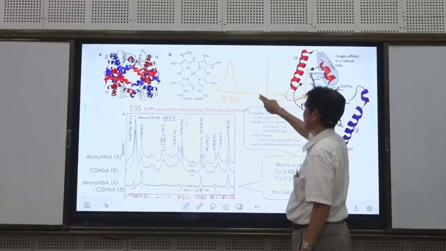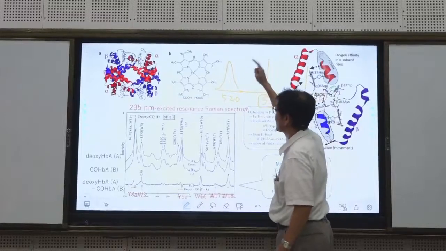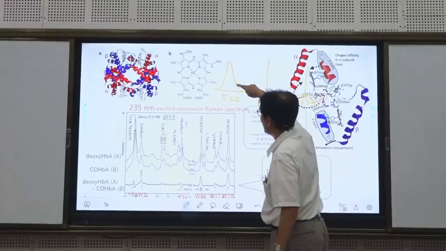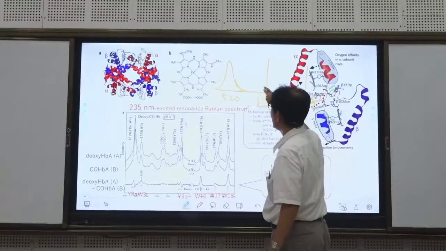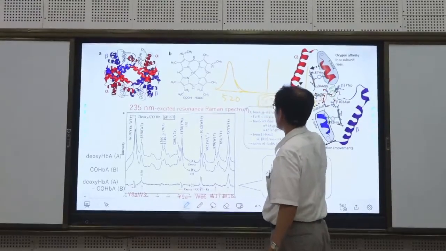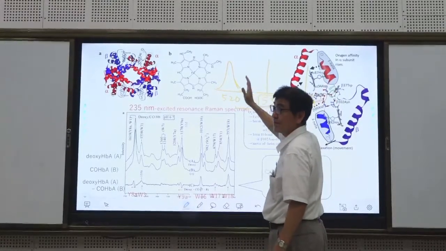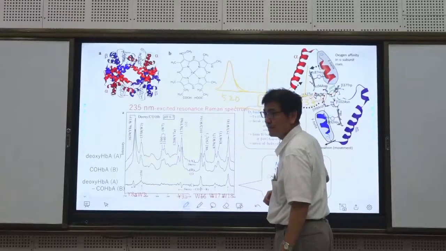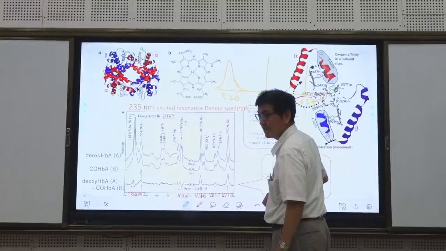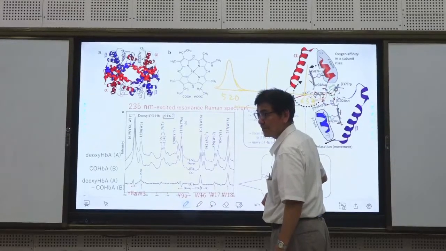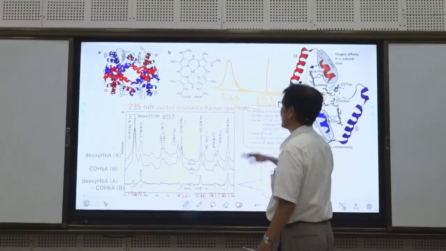So probably this is more useful, because the absorption band spreads. If we excite at 532 nanometer, there is a greater chance to get fluorescence background because it is in the absorbance range of that molecule.